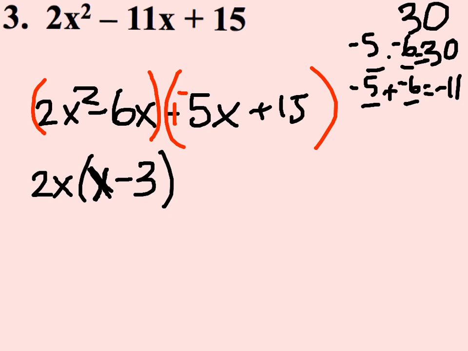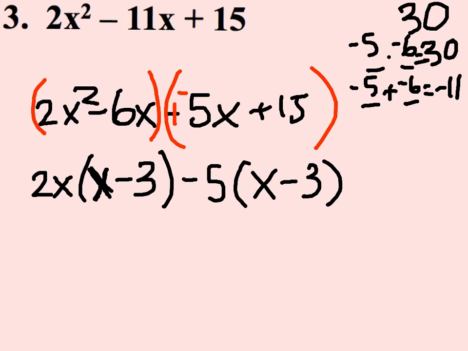Now what I want to have left over here is x minus 3, so in order to make sure that this matches my first binomial, I'm going to have to factor out a negative 5. Just to double check my work, if I distribute the negative 5 here, negative 5 times x is negative 5x, and negative 5 times negative 3 is positive 15. So I know I did my work correctly.